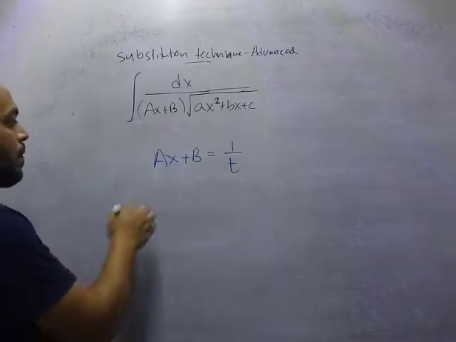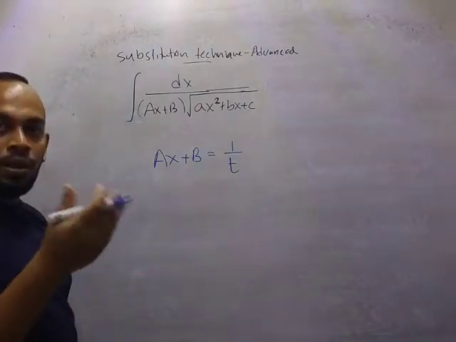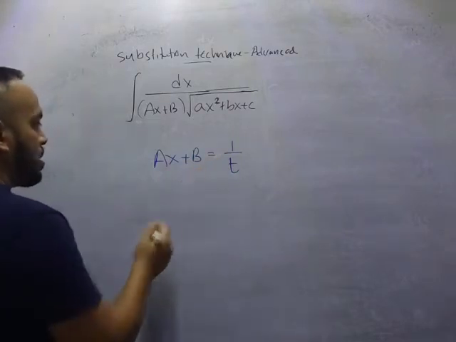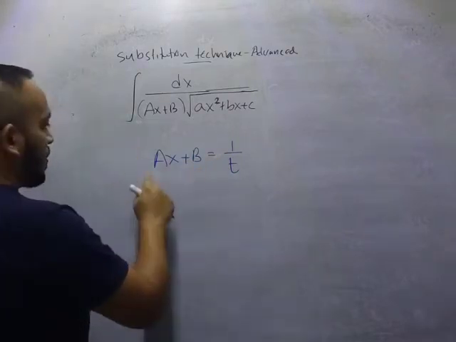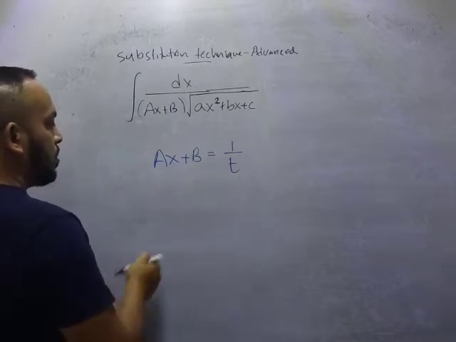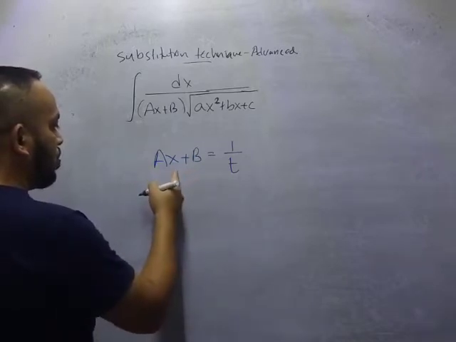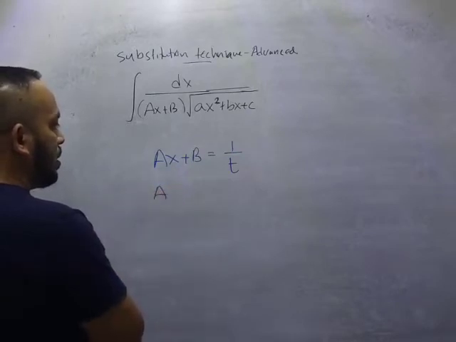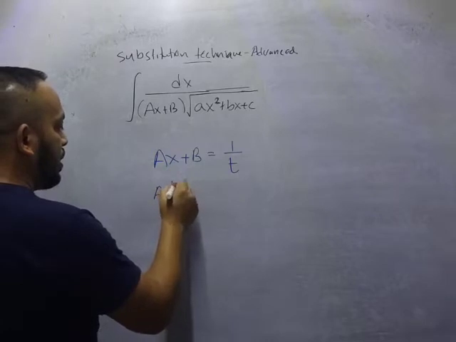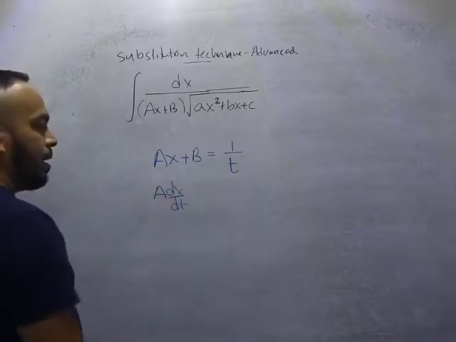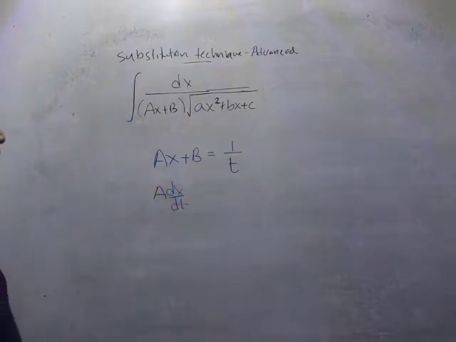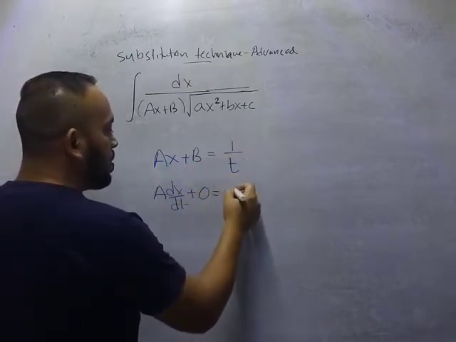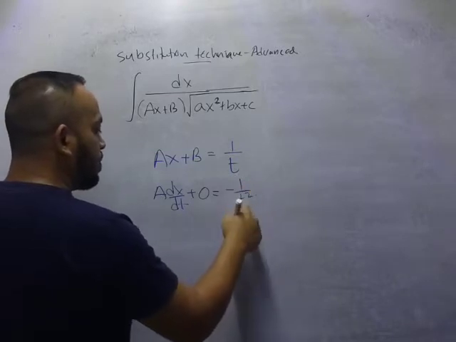Once you do this substitution, you have to get dx by dt. We derive this with respect to t. So a times dx by dt, plus this is 0, and when you derive 1 over t, this becomes minus 1 over t square.